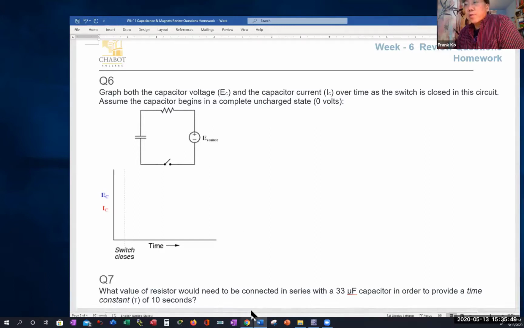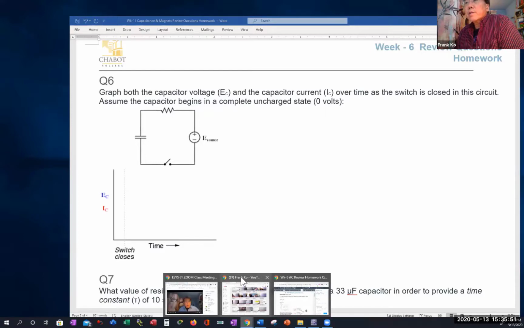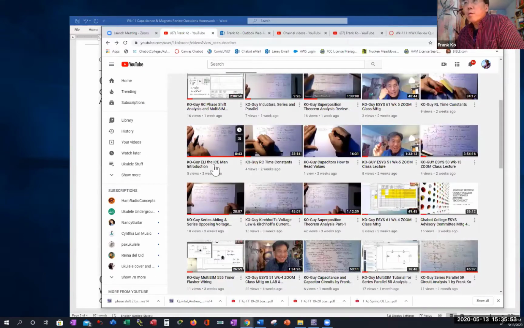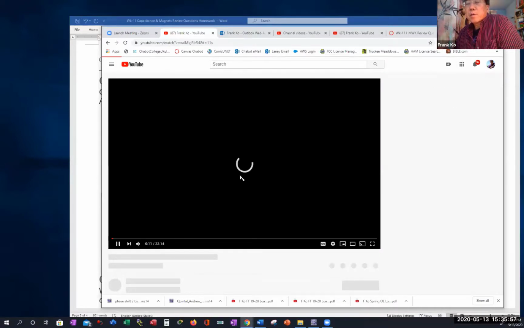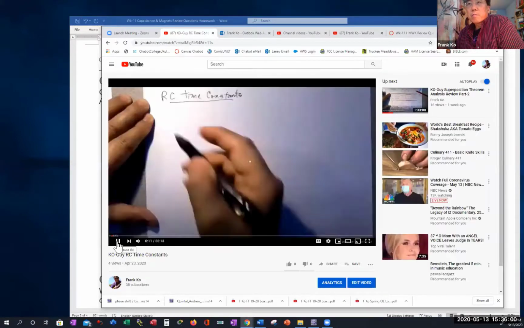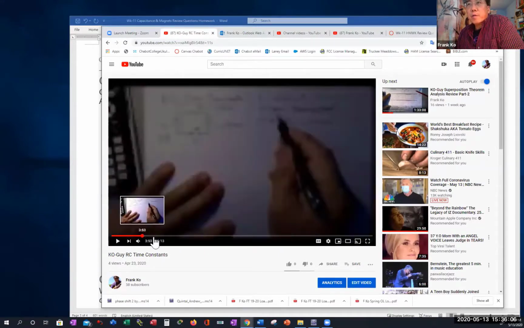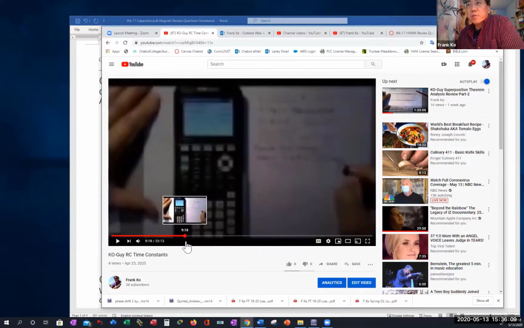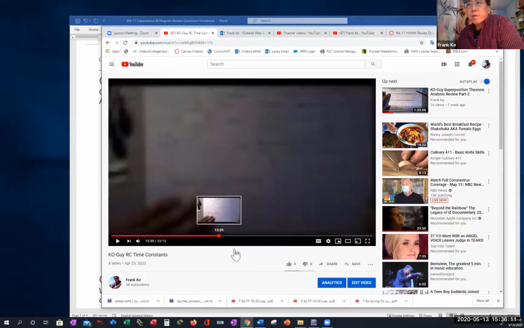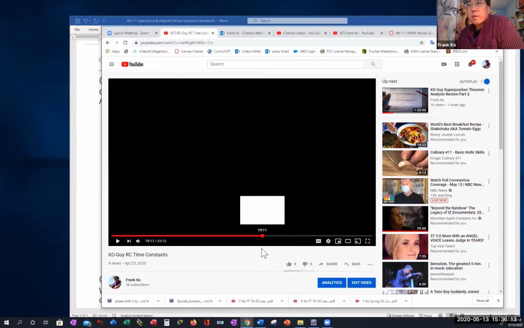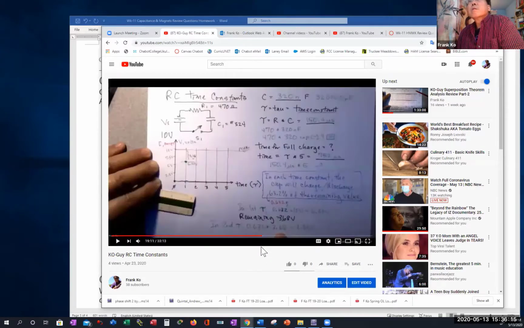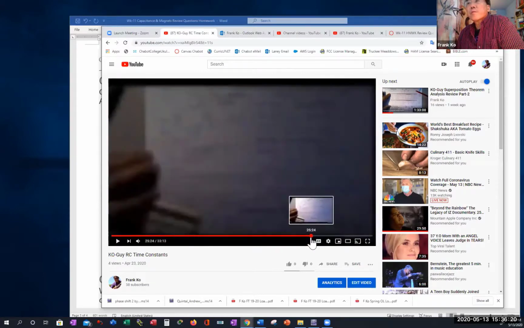As a refresher, you're going to be looking at RC time constants, and we continue a little further, and somewhere here.